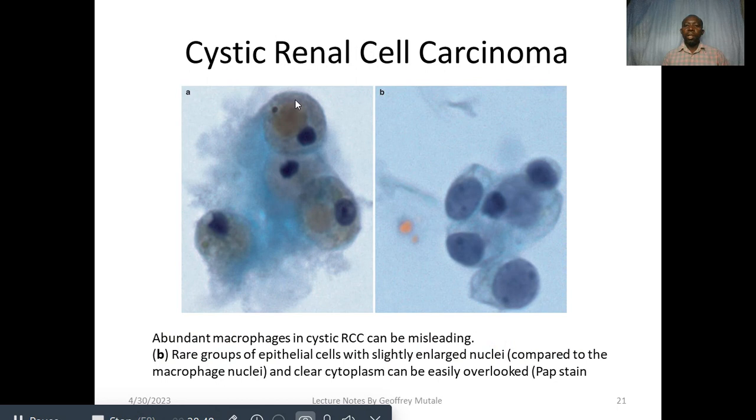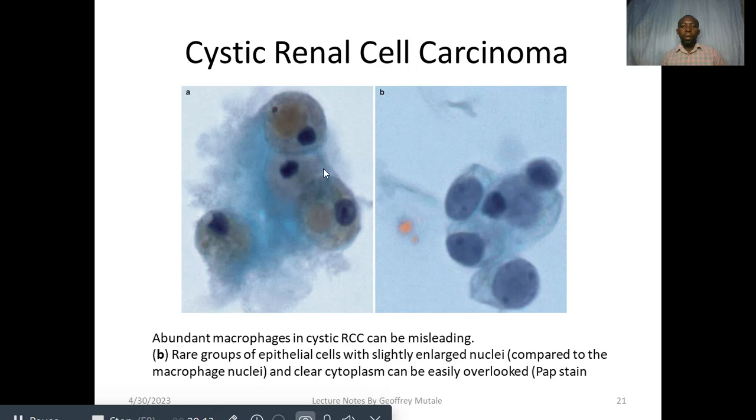So still, we look at another feature for cystic renal cell carcinoma, and that is abundant macrophages. This one reflects the abundant macrophages in cystic renal cell carcinoma, and it can be really misleading. This is the image here.